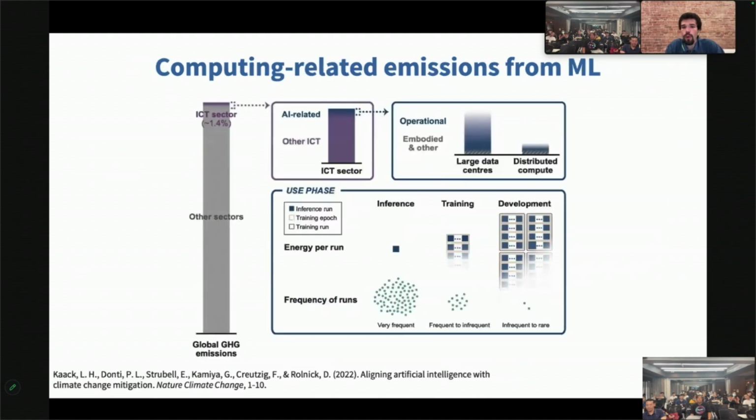Now, overall, what do all these things add up to? Actually, not that much, surprisingly little, and it's stayed pretty flat so far. This might change with a lot of large language models. But actually, all of the ICT sector, so all of digital technology, is only between 1% and 4%. You ask different people, you get 1% to 4%. Here it says 1.4, but maybe it's up to 4%.